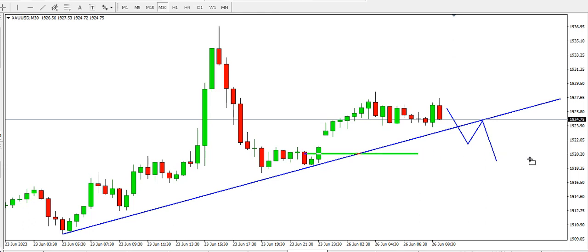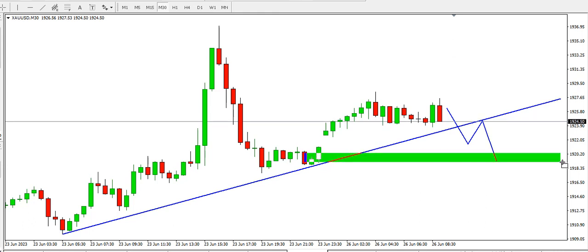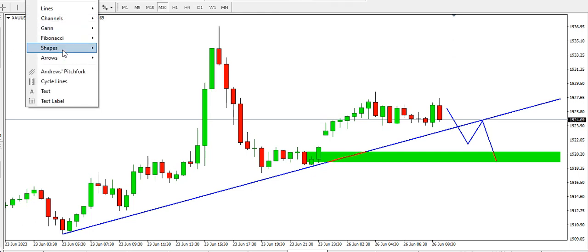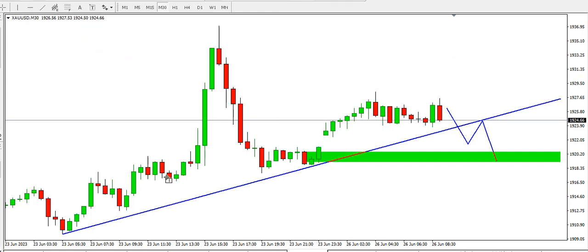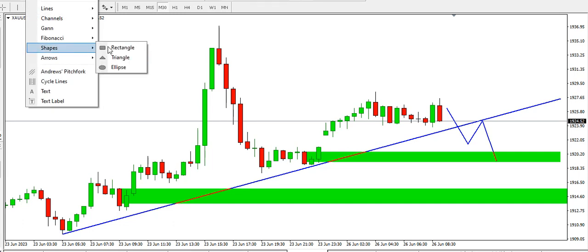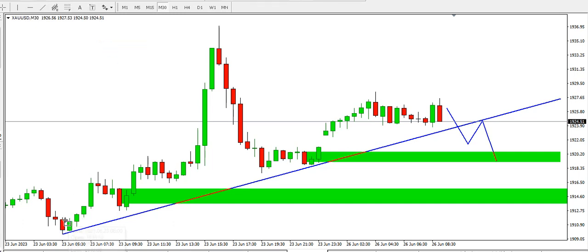Price might possibly drop to this zone first before price targets this particular zone. Then price might likely target this zone. So we might see price also dropping to this particular zone. Okay, we have this other order block around here, and then possibly price might drop to this zone.